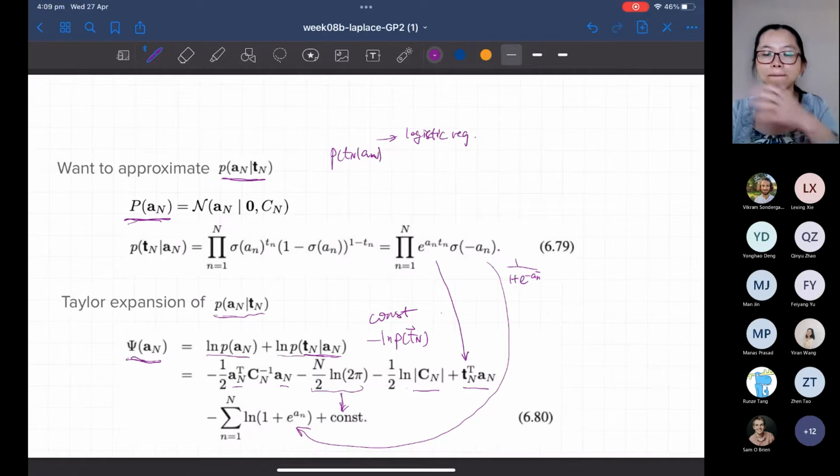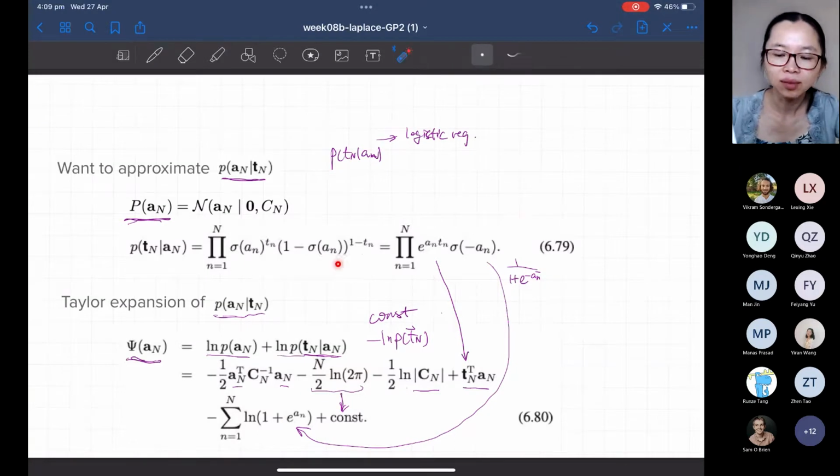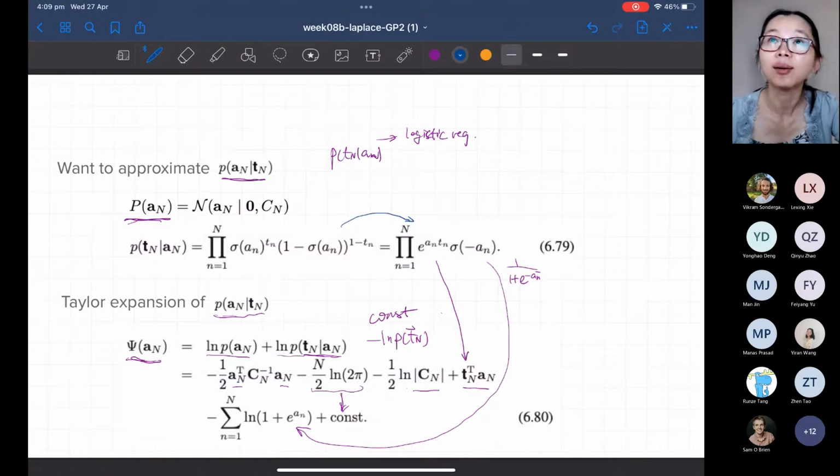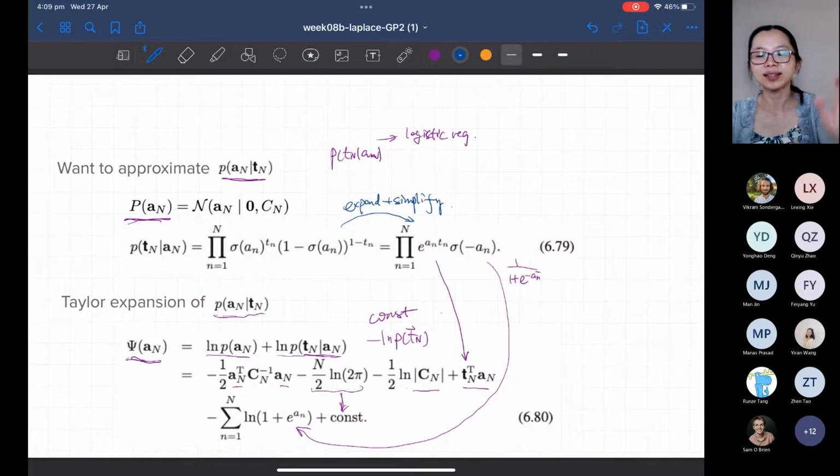So it goes like that. At this point, you might ask, wait, what? So we're familiar with this first form of logistic likelihood over n in the IID data points. To get from here to here, you just essentially expand and simplify. And things cancel out nicely.